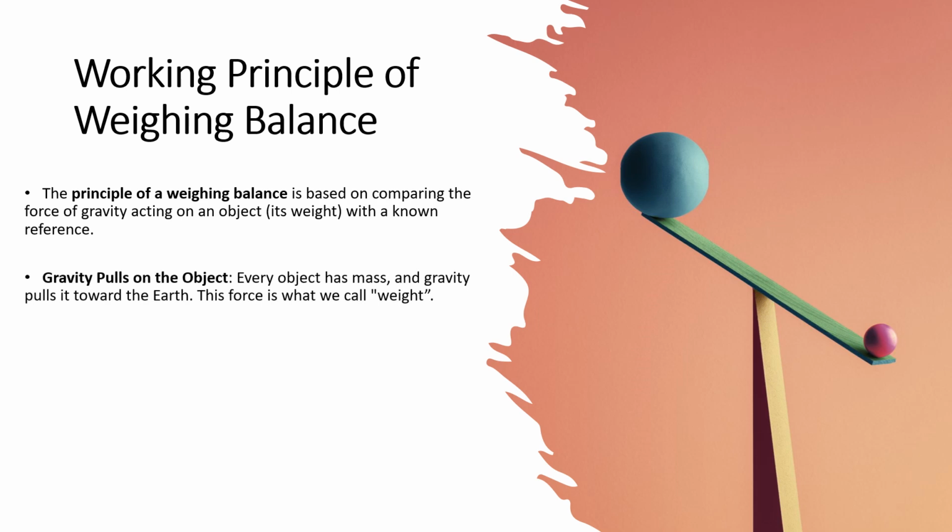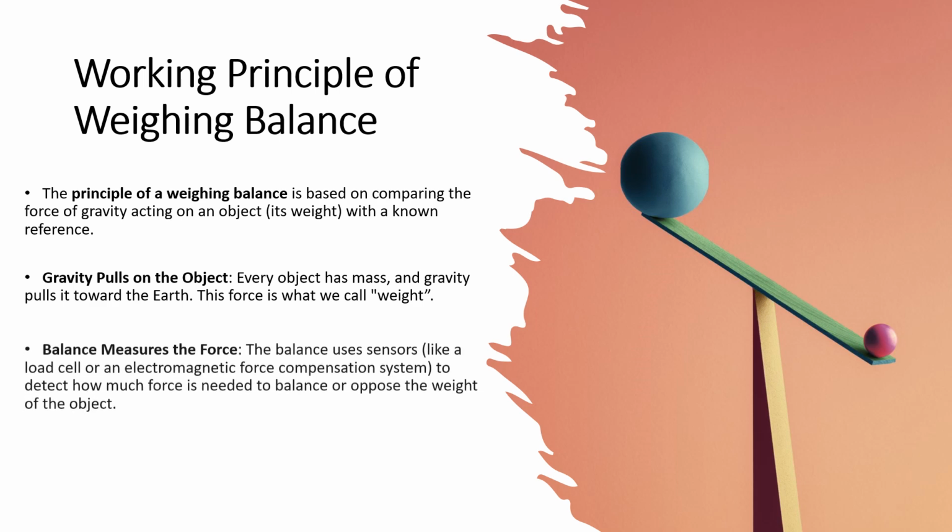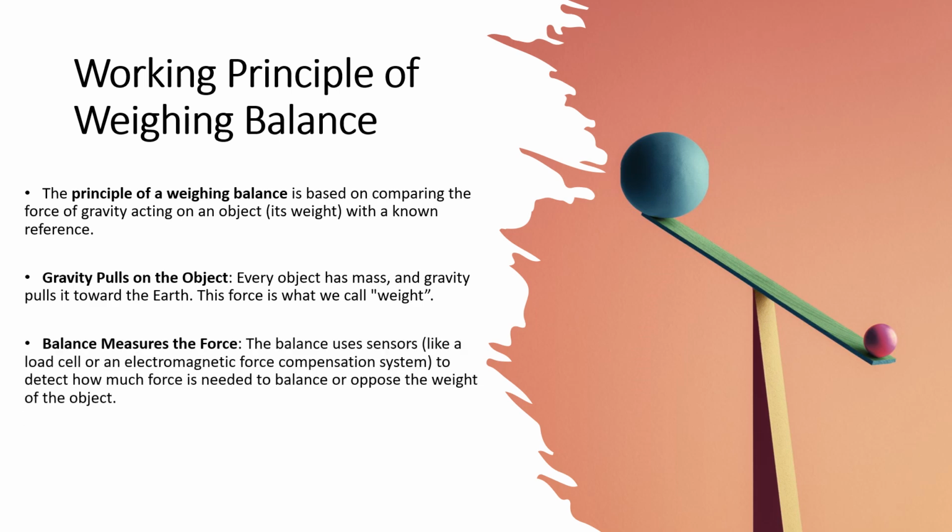First, gravity pulls on the object. Every object has mass and gravity pulls it towards the earth. This force is what we call weight. Next, the balance measures the force.